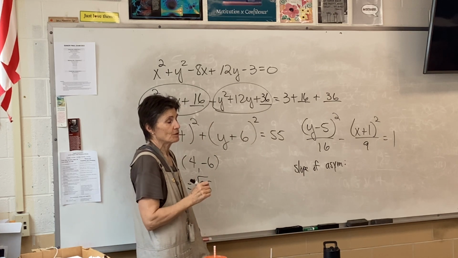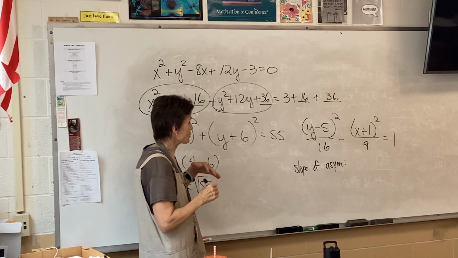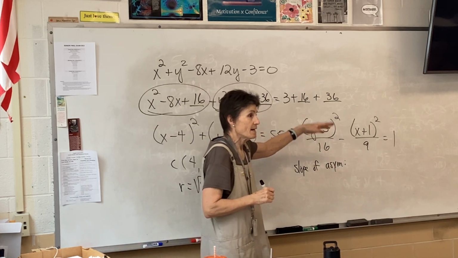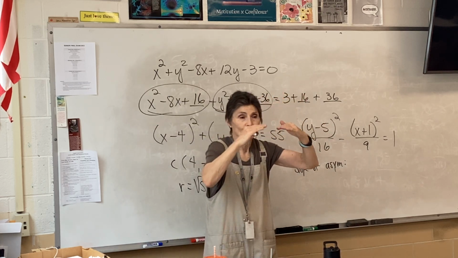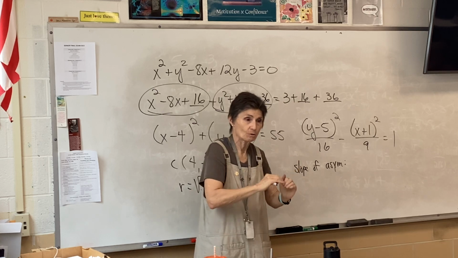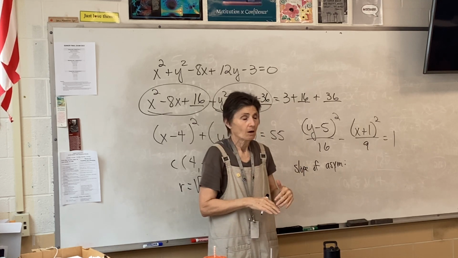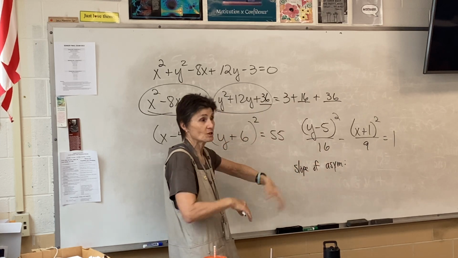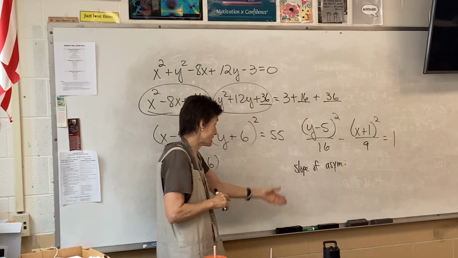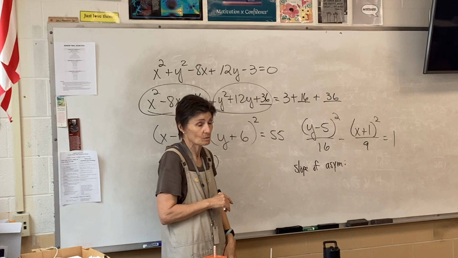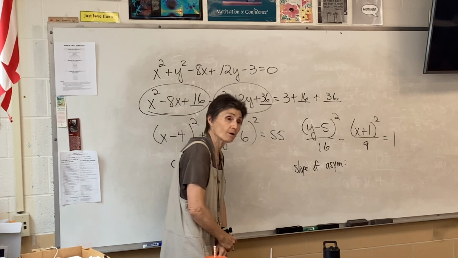So again, like I was talking about earlier, yesterday I gave you an equation like this, and you had to find center, vertices, foci, asymptotes, transverse axis. You had to find all this stuff. On the exam, I'm going to give you an equation, just pick one of those things. So this time I said, what's the slope of the asymptotes? Well, anybody have a thought on that?